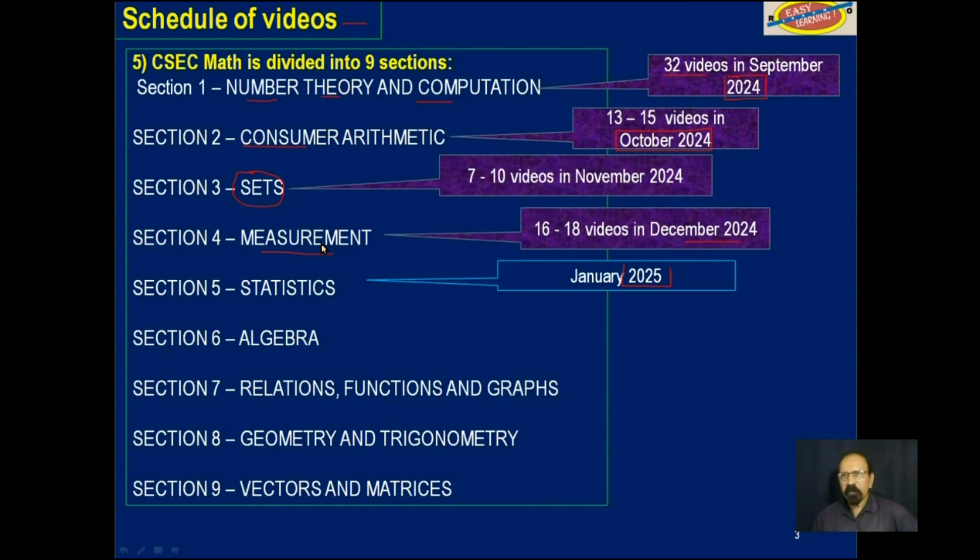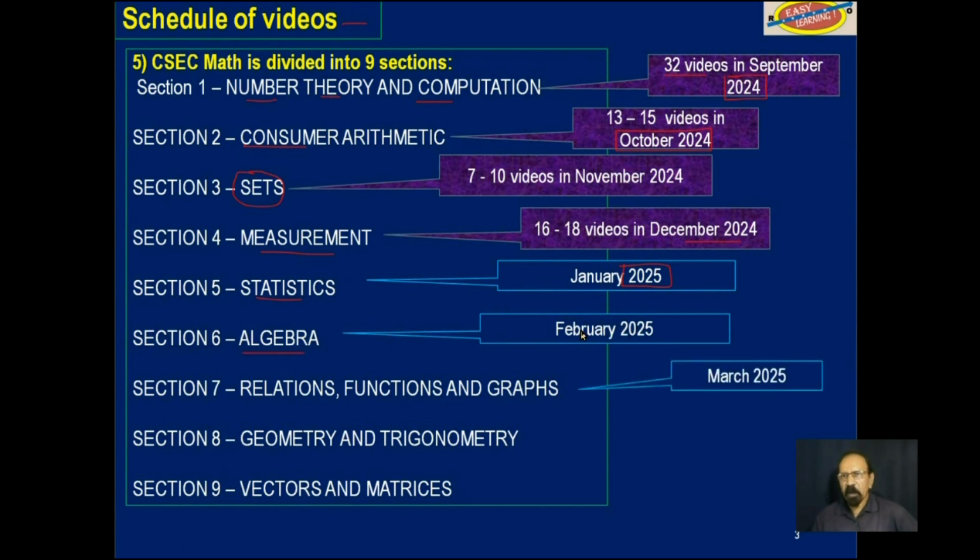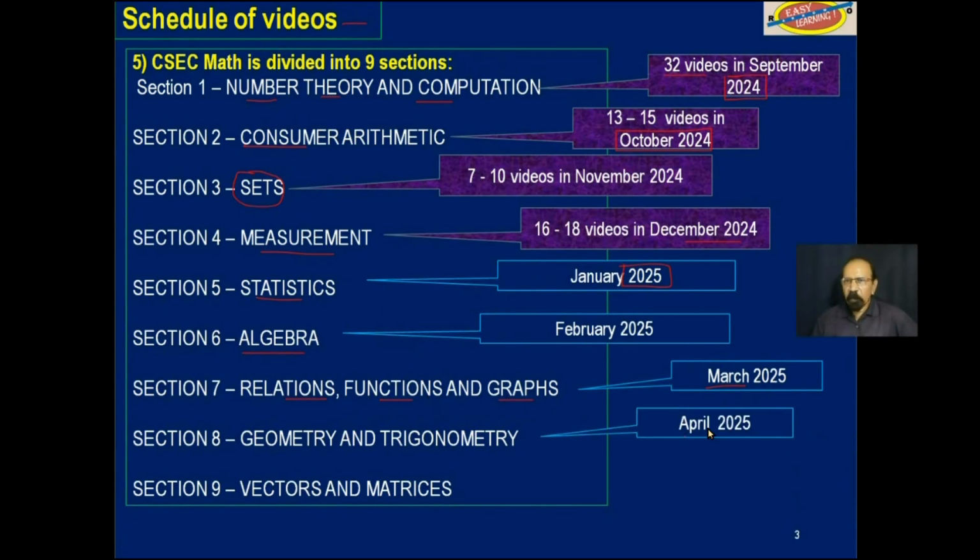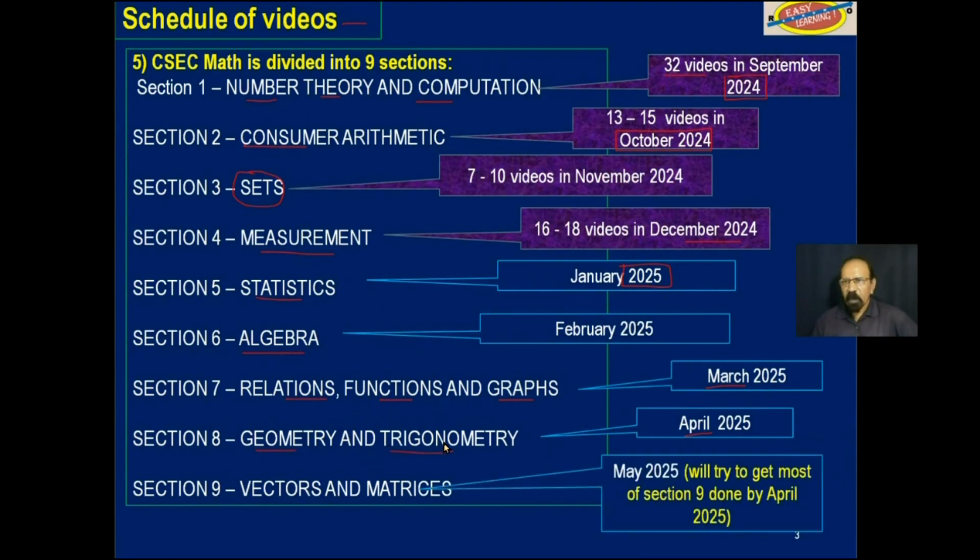Beginning 2025, January, statistics. Then February, algebra. March, relations, functions, and graphs. April, geometry and trigonometry. And then by mid-May, vectors and matrices. And that will take care of the whole syllabus.